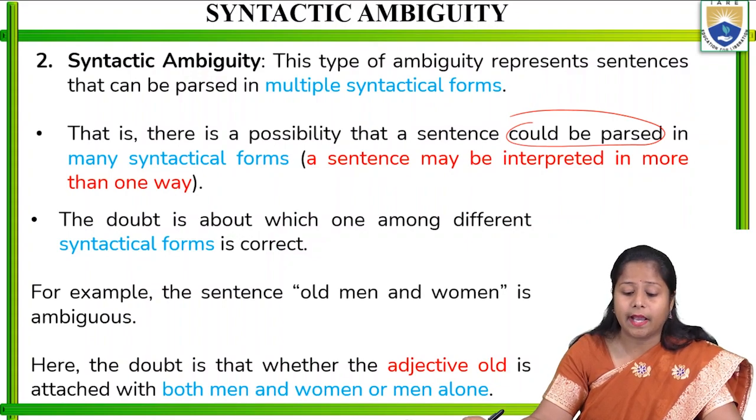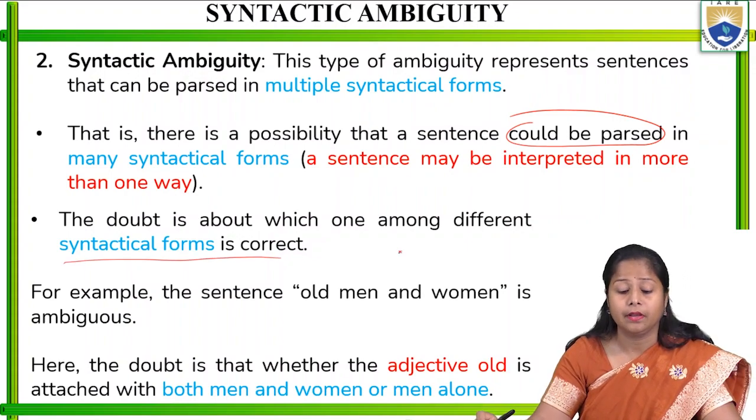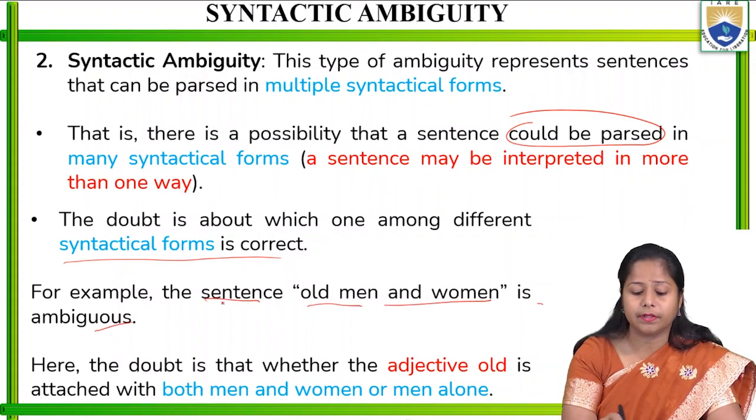The doubt is about which one among the different syntactical forms is correct. So doubt will be there about which form we have to choose for that sentence. In that case we have to be very particular. Let's see an example, then we will understand this. For example, the sentence 'old man and woman' is ambiguous.